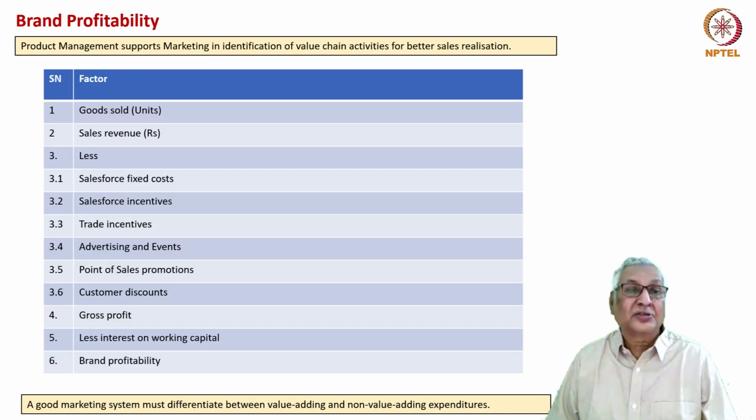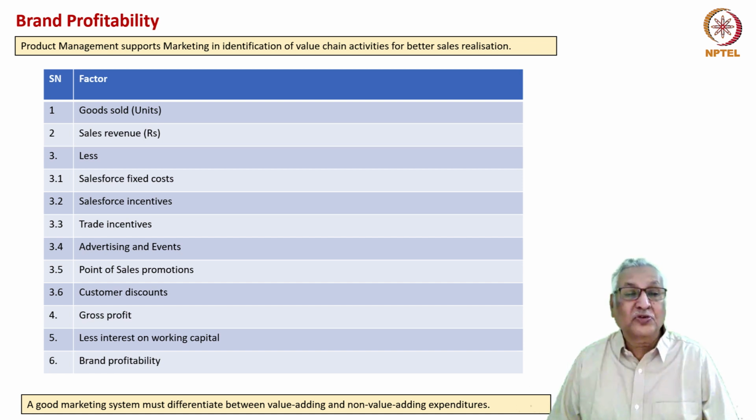Product management has an important responsibility in terms of ensuring brand profitability. For that, all the physical and financial parameters related to a product have to be understood by the brand manager. He must keep a finger on the sales in terms of the physical units sold and the financial revenues thereof. There are several cost elements that are involved in the selling of a product.